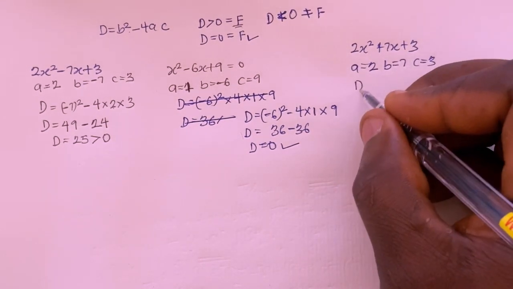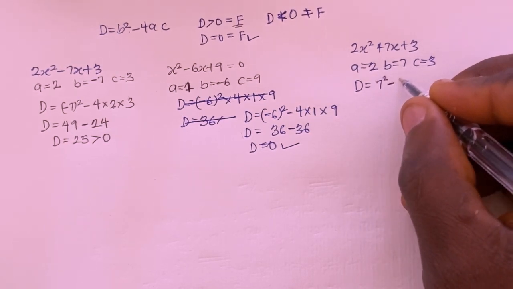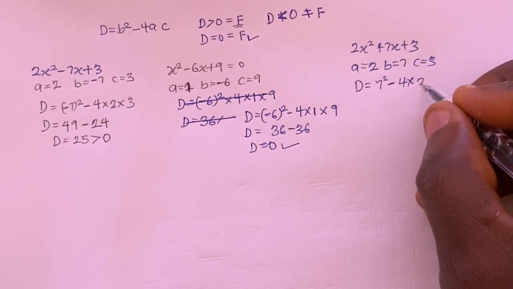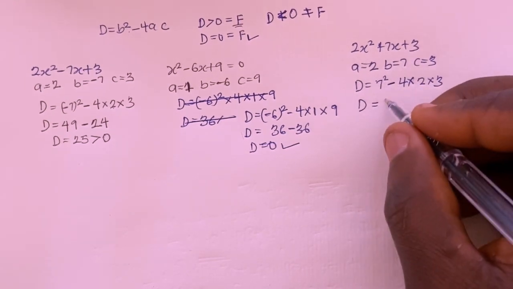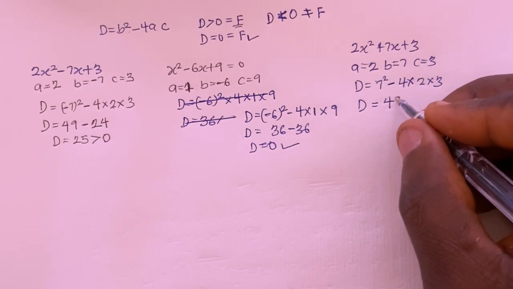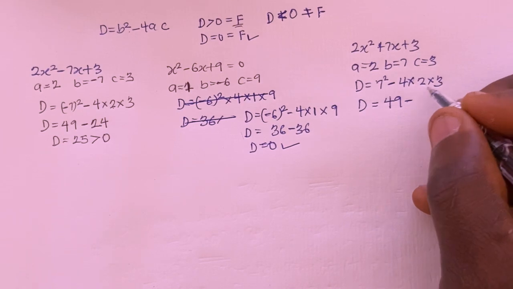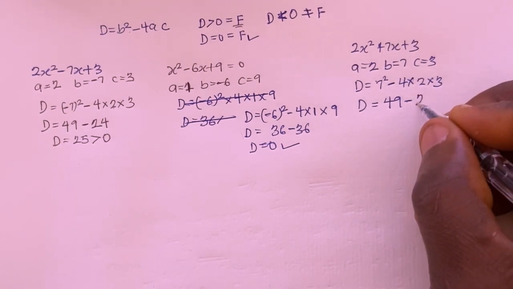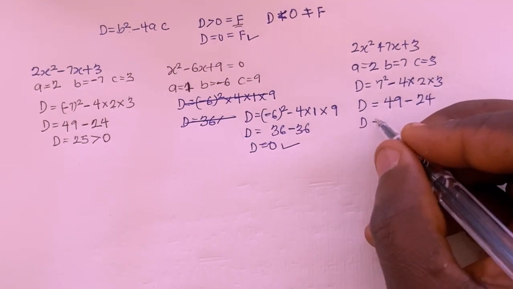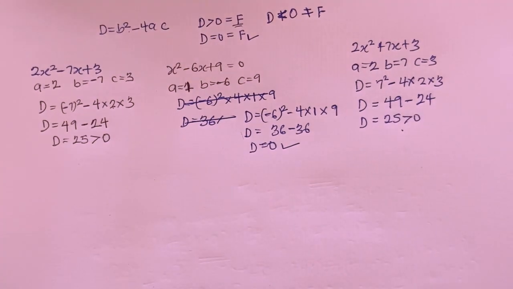Using the same expression, D equals b squared, which is 7 squared, then minus 4 multiplied by a, which is 2, and c, which is 3. 7 squared is 49, then minus 2 multiplied by 3, that's 6, then multiplied by 4, that's 24, right? So our D is equal to 25, which is greater than 0. And this expression is factorizable as well. Then let's move to the next one.